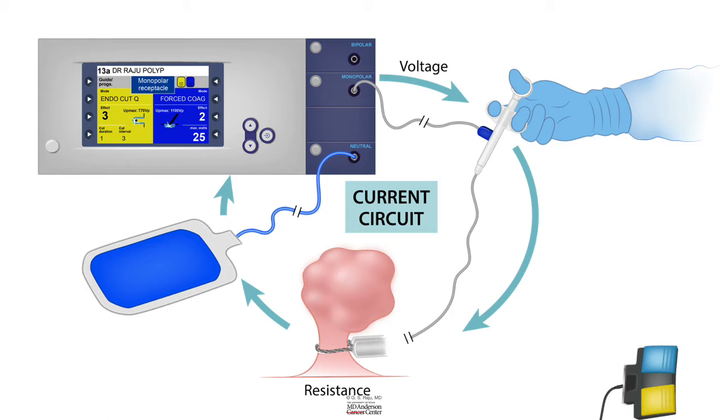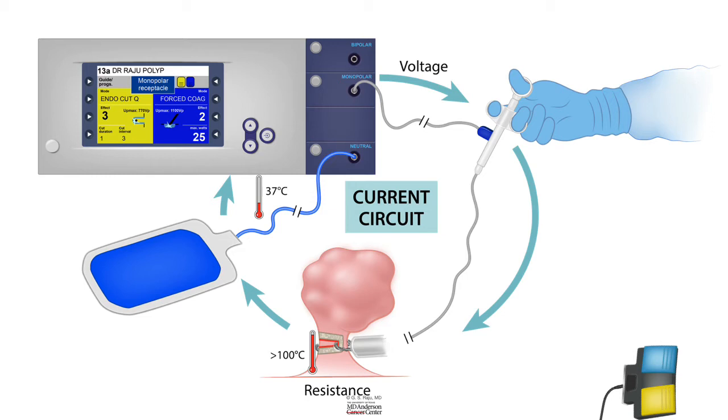Whenever the circuit meets some resistance, here the resistance is the polyp stalk. As the current is flowing through, the temperature increases, and whether the temperature increases fast or slow will decide whether it is going to create a cut or a coagulation. And the dispersive pad helps in bringing the temperature down as it completes the circuit.